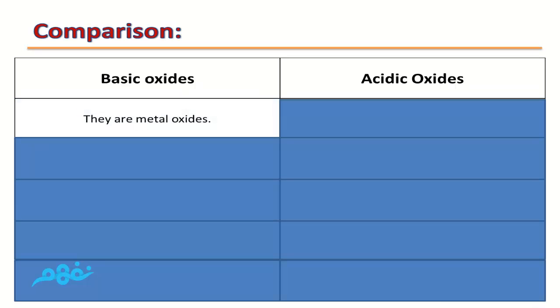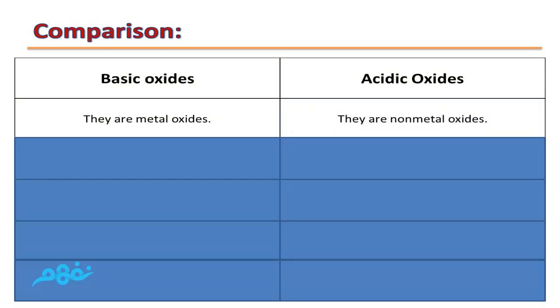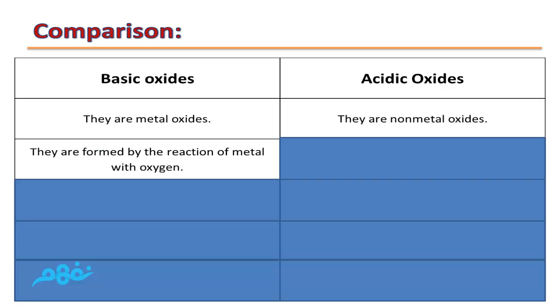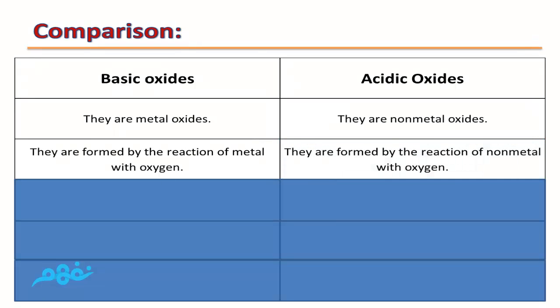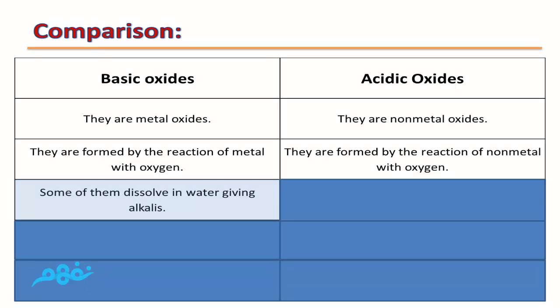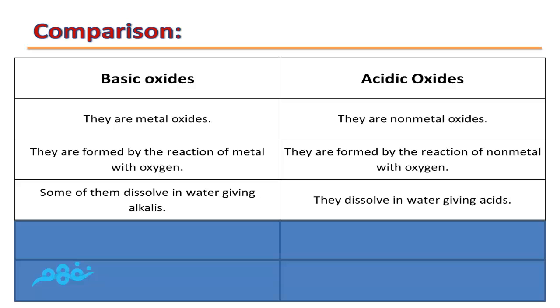Basic oxides are metal oxides. Acidic oxides are non-metal oxides. Basic oxides are formed by the reaction of metal with oxygen, while acidic oxides are formed by the reaction of non-metal with oxygen. Some basic oxides dissolve in water giving alkalis, but all acidic oxides dissolve in water giving acids.